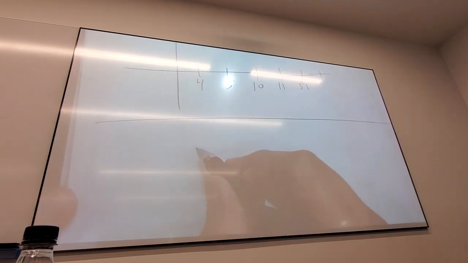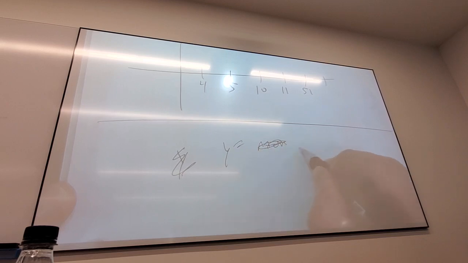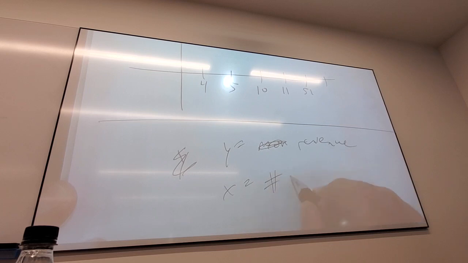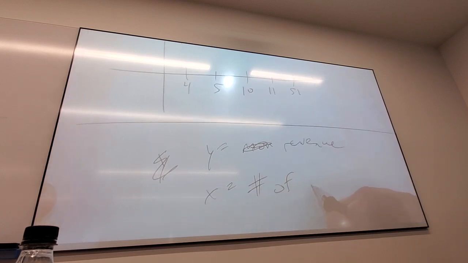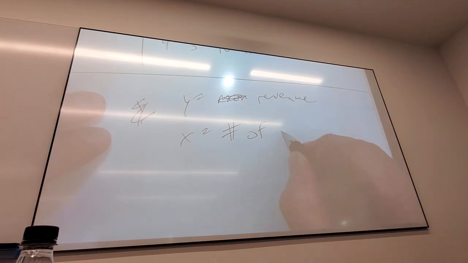But in the homework, what you're going to see is you're going to come up with a line of best fit. Let's say that y is the revenue, and x is the number of ice cream cones sold.